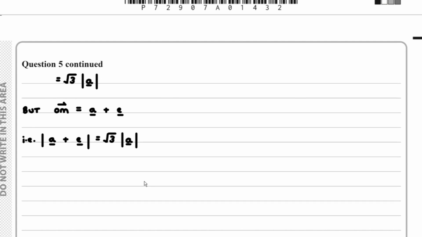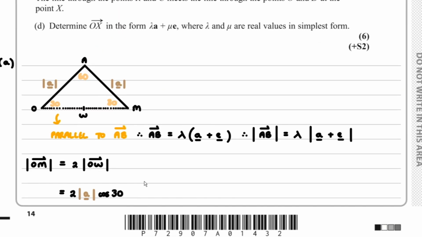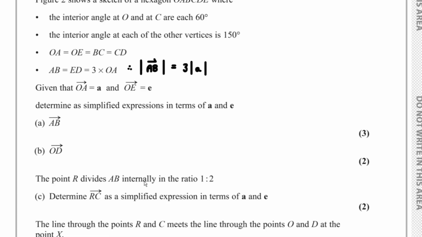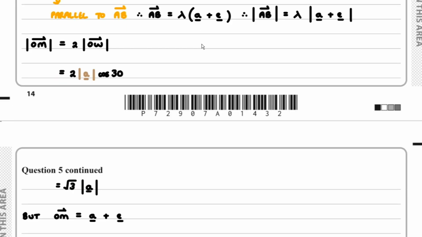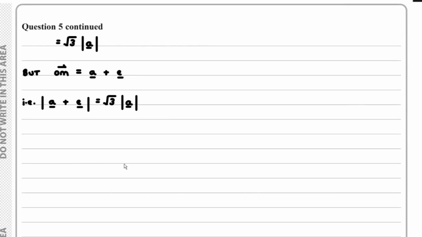So we also need to recognize that the mod of AB is equal to 3 times by mod A. So we have 3 times by mod A equals lambda times by root 3 times by mod A, which means we can find out what lambda is.